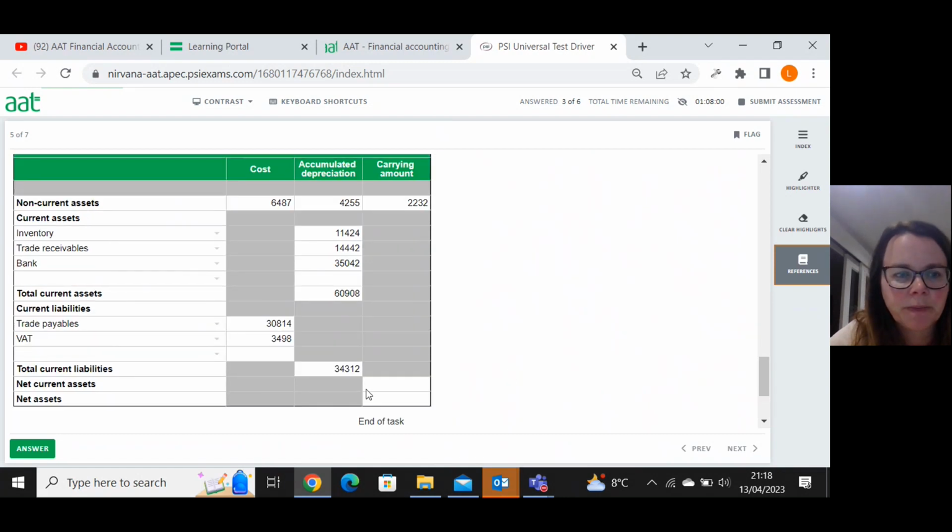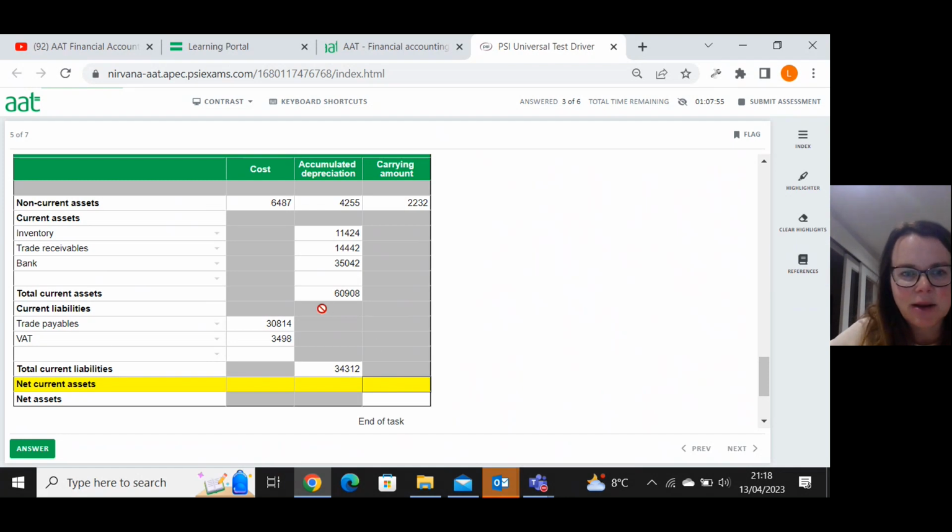Go back to the question. So my net current assets will be my 60908 subtract 34312. So that gives me 26596.